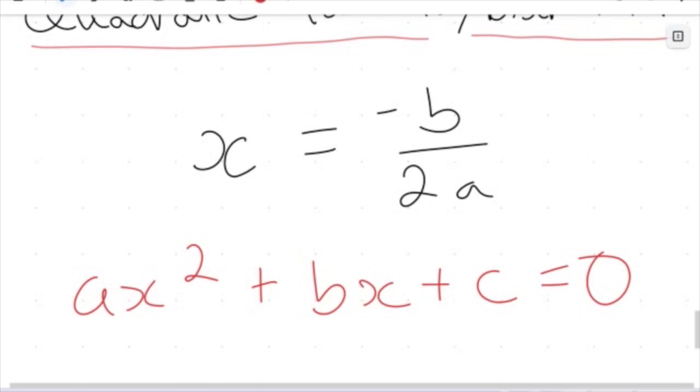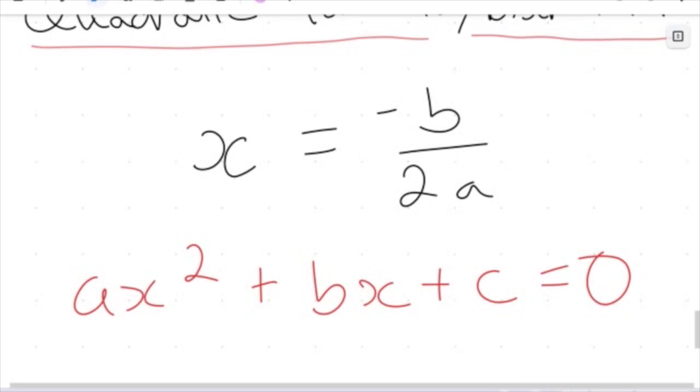For the questions we're doing, we just find the coefficient of x squared, this a, and what this b is as well. We got this formula for the x value by averaging out 2 points on the quadratic formula and then simplifying to get this nice expression for x.